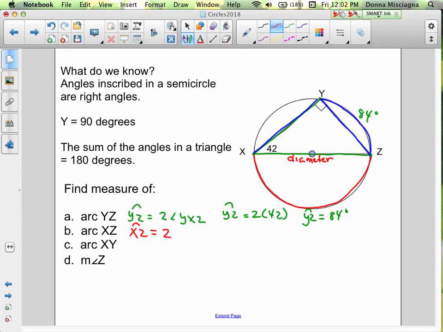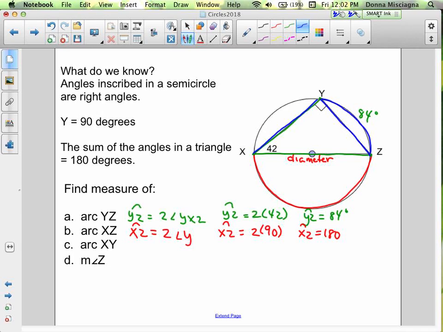So arc XZ is going to be 2 times angle Y. There's only one angle there, so let's just call it angle Y. We see the inscribed angle is a right angle, so it's 2 times 90 or 180 degrees.